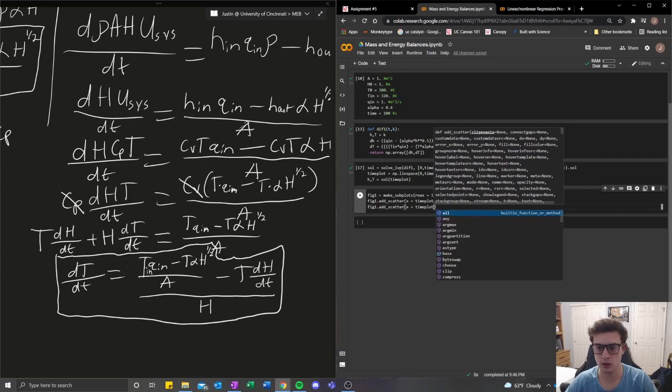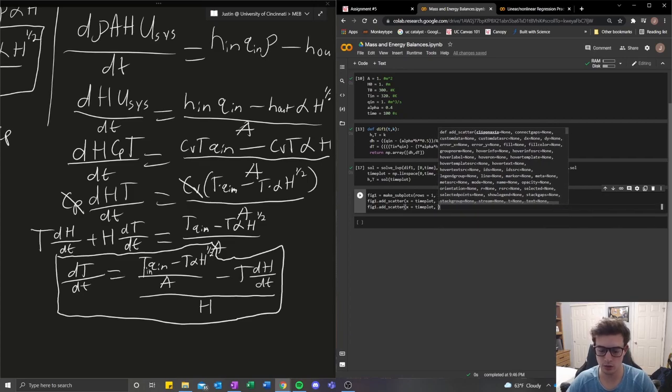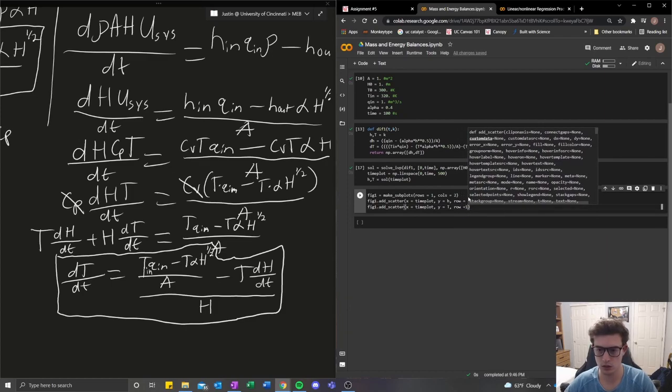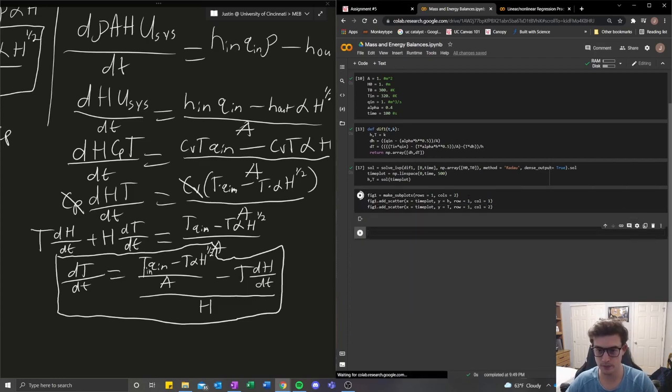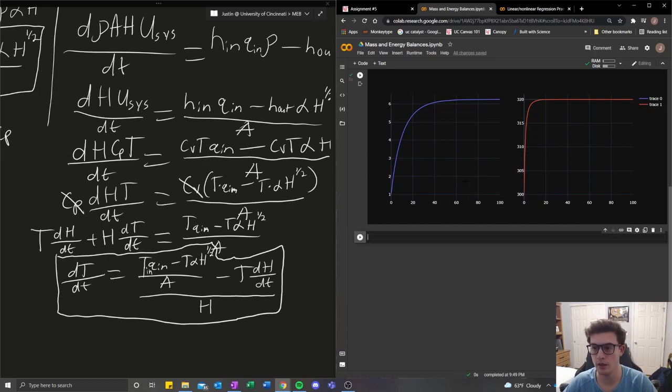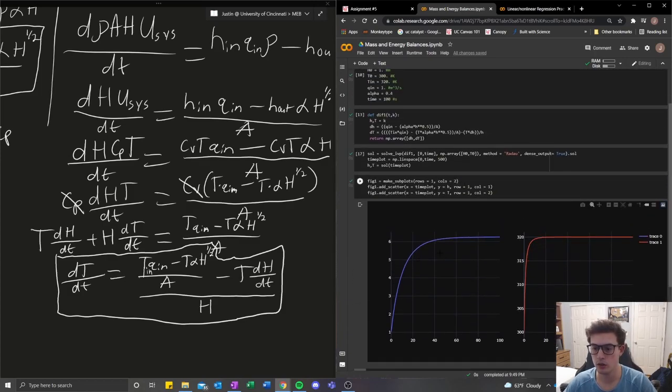And then we want our y value to be equal to the temperature. And then we want this to be the first row, and column 2. And there we have our temperature plots. We can see they both look pretty similar, and that's kind of what we expected to happen.